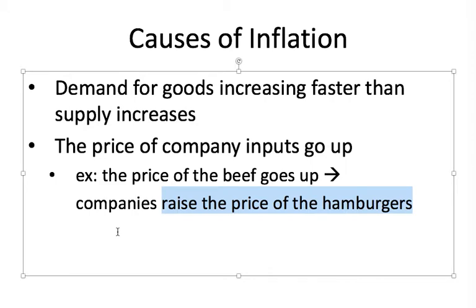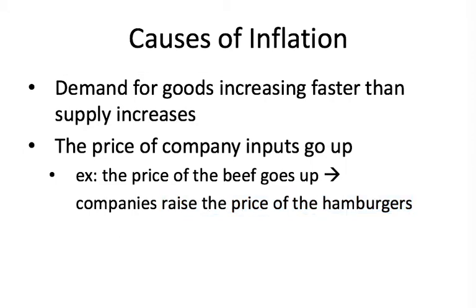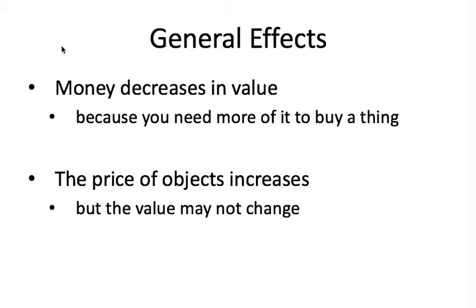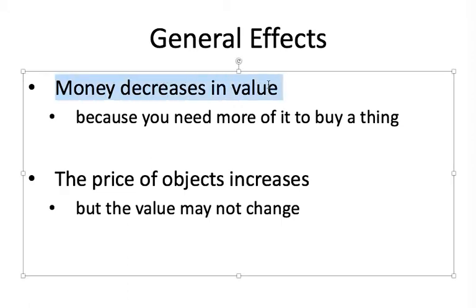All right. So we've talked about what inflation is and what causes inflation. What are the effects for people? So in general, when there is inflation, the value of money decreases.